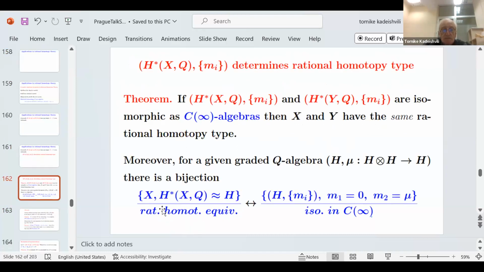Even more, if I have a cohomology algebra, and I consider all possible spaces whose rational cohomology is the given algebra, and factor by rational homotopy equivalences, it is bijective to all possible C-infinity algebra structures.